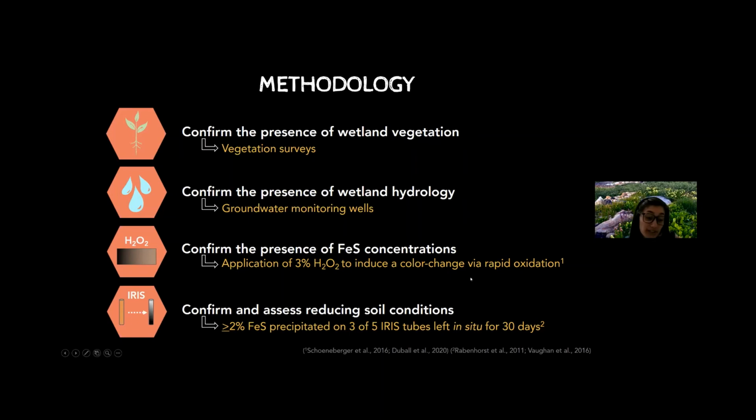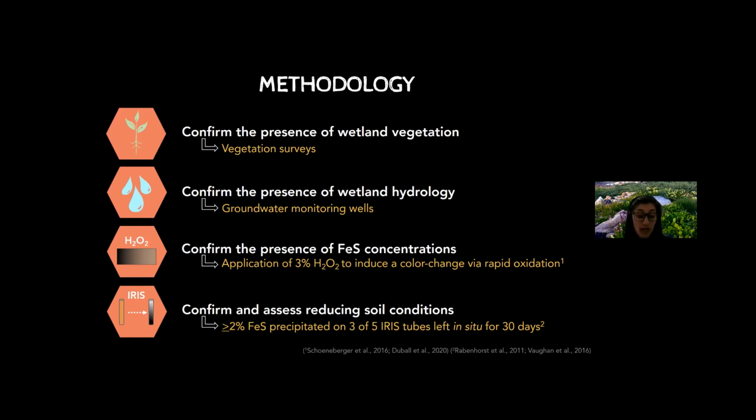We also deployed indicator of reduction in soil tubes or films, and this was to confirm and assess reducing soil conditions, looking for those stronger reducing conditions. The standard for the hydric soils technical standard states that these tubes need to be deployed 30 days in situ.